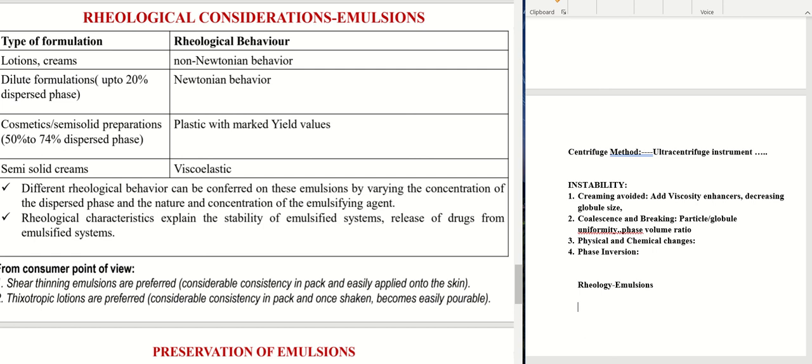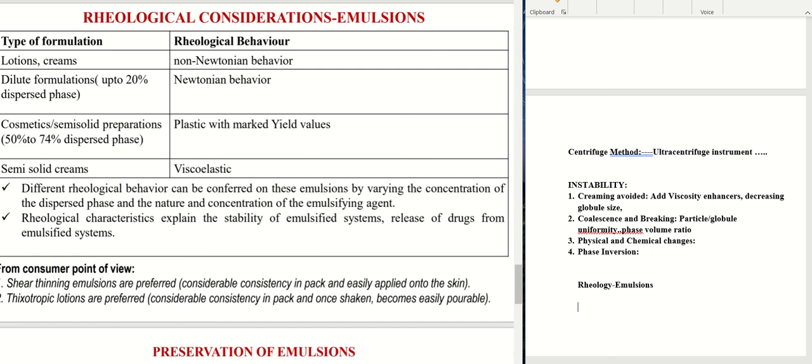Most of the emulsions can be formulated as creams, lotions, dilute formulations, cosmeceuticals, semi-solid creams, jellies. All these have the characteristics of an emulsion.